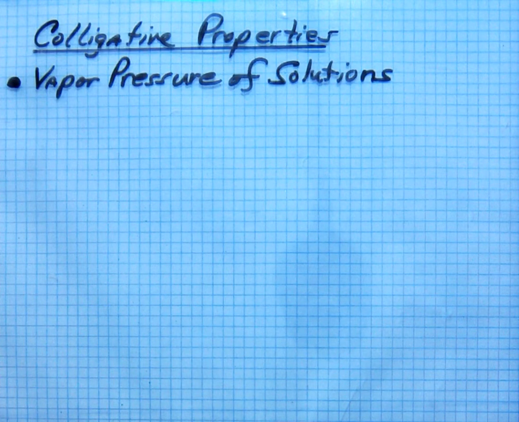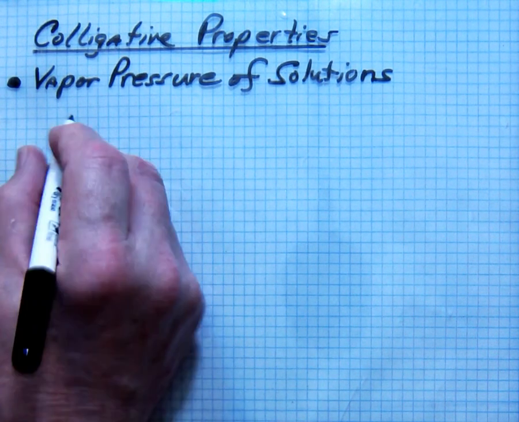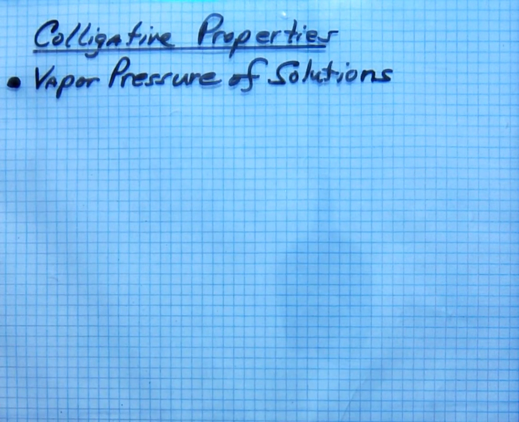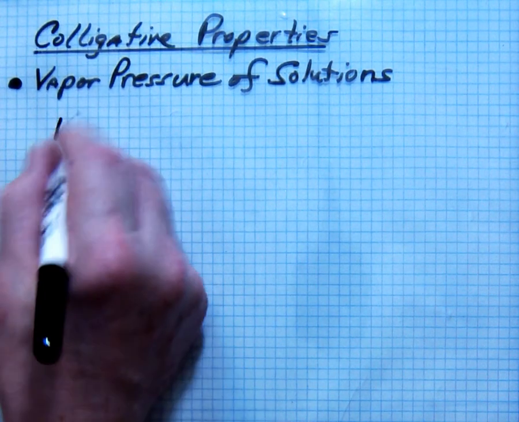Okay, this is really where colligative properties kick off, and we look at vapor pressure lowering, boiling point elevation, freezing point depression, and then we'll finish with a topic, osmotic pressure. Now we need to understand what vapor pressure of solutions are. Vapor pressure of a solution is essentially the vapor pressure of the solvent in contact with the solution.